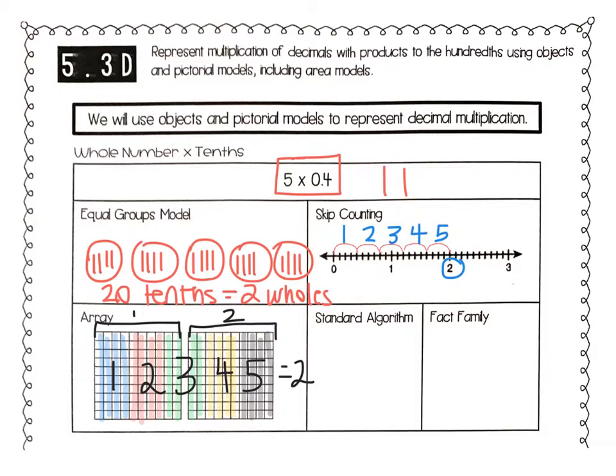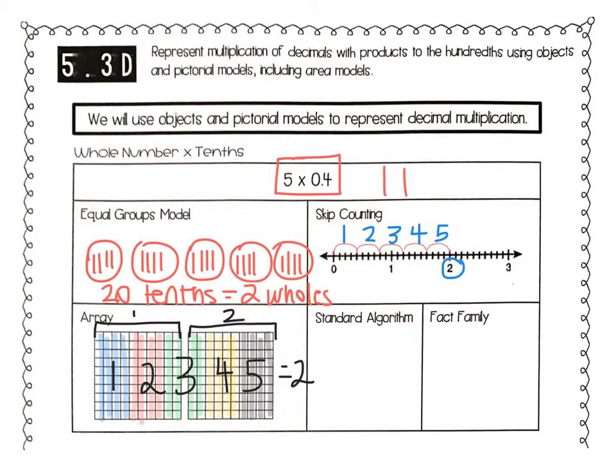Now, on to the standard algorithm. We've looked at our models here. We've looked at our equal groups model, and we said that it equaled 20 tenths, which is 2 wholes. We looked at our skip counting. We jumped 5 times with 4 tenths in each jump. We landed on 2. Our array, we made 5 groups with 4 tenths in each group.